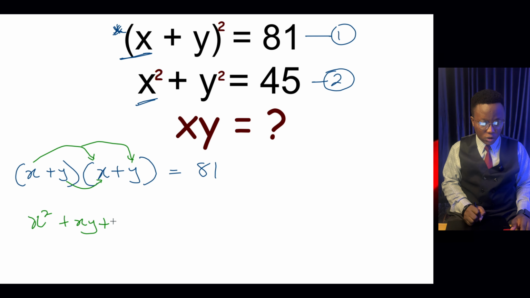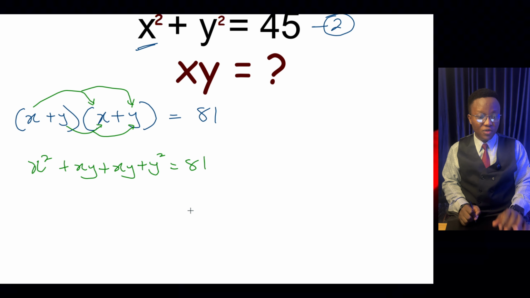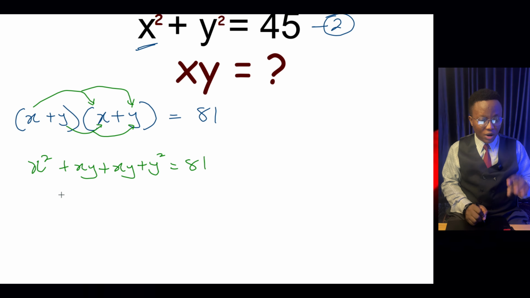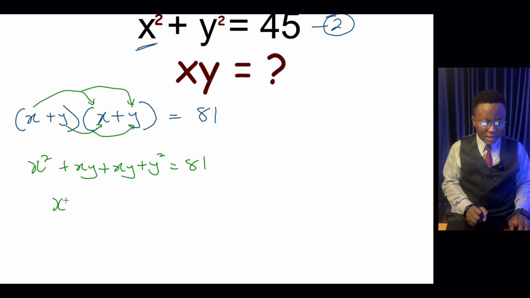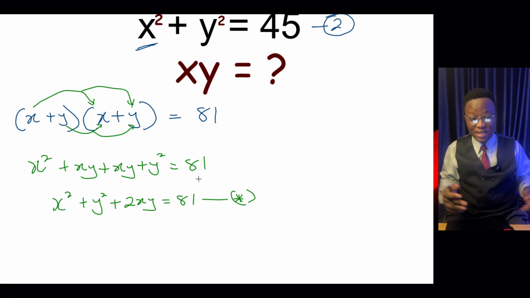Anyway, xy, and y multiplied by y, which is y squared, equals 81. Okay, so now we've expanded equation 1, and we can rewrite all of that as x squared plus y squared plus 2xy equals 81. Let's call this equation star now, just for labeling's sake.